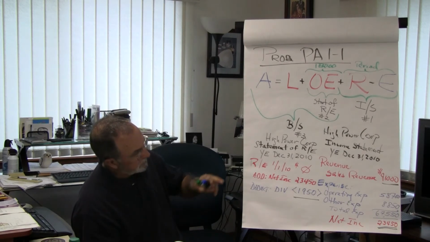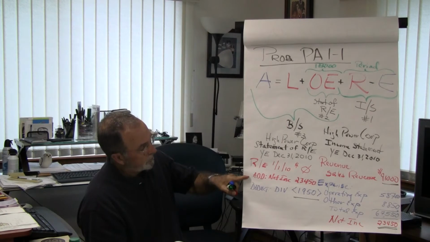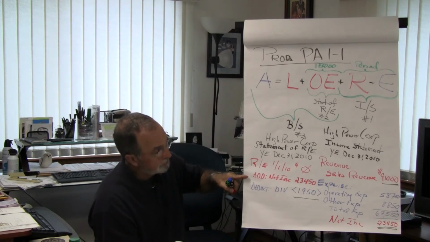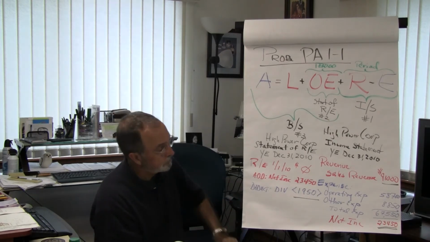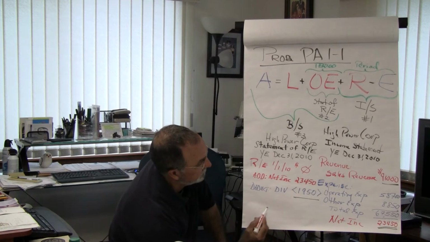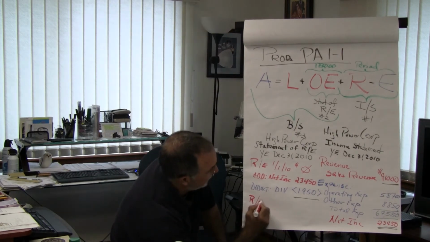And so we start out the year with 0, since this is our first year. We have net income of $23,450, and we had total dividends of $1,950 for the year. And so the difference there is going to be our retained earnings.